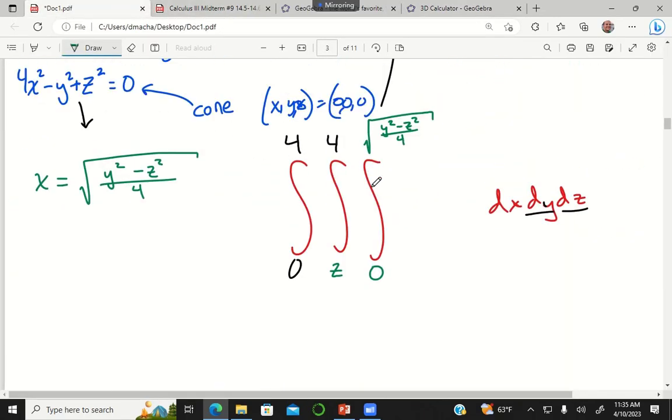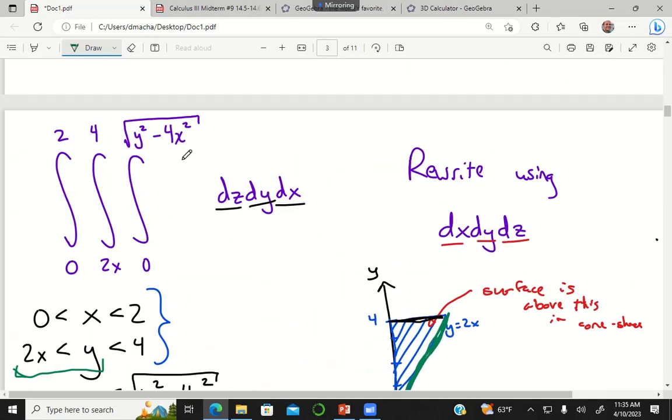Anyways, let's quickly try to evaluate both this triple integral and this triple integral and see if we get the same answer. And if we get the same answer, then that's a really good sign that we did everything correctly.